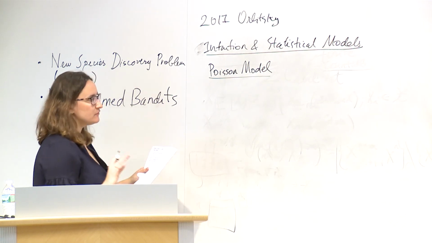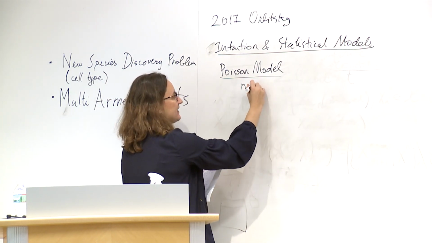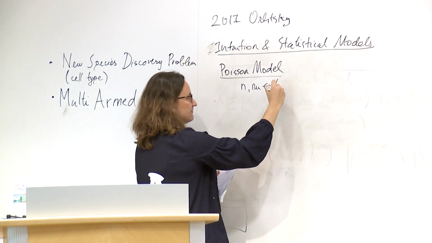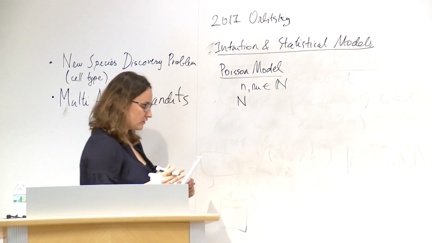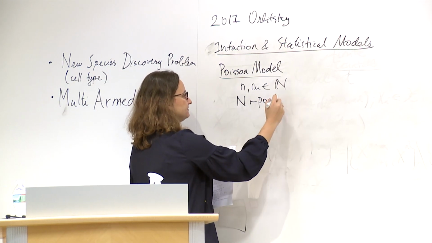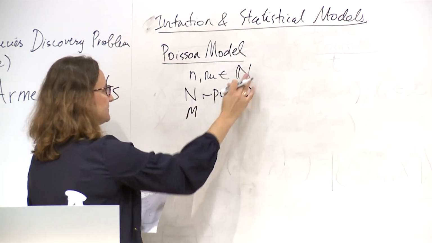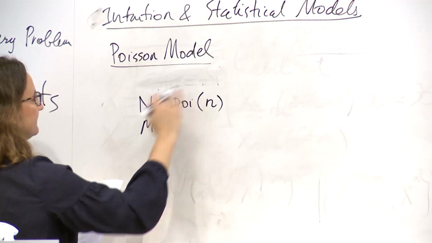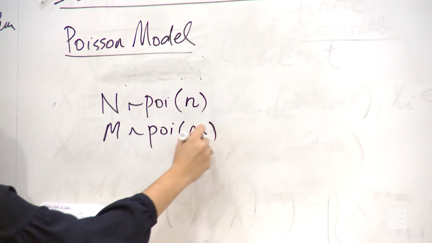We're going to take some liberty here in how to define it. We're going to say that n and m are some integers, and the number of things we're going to observe is Poisson with parameter n, and m is Poisson with some parameter m.